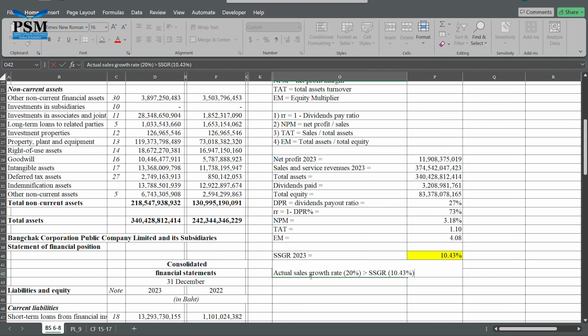Now, that is not sustainable. The company will need to increase its sustainable growth rate. Otherwise, it will experience operational and financial problems.